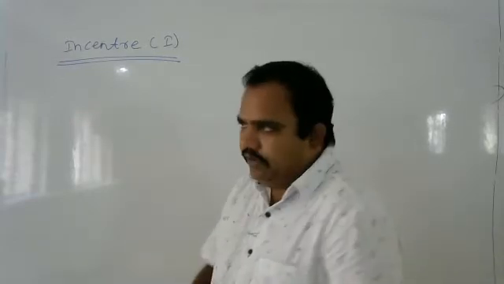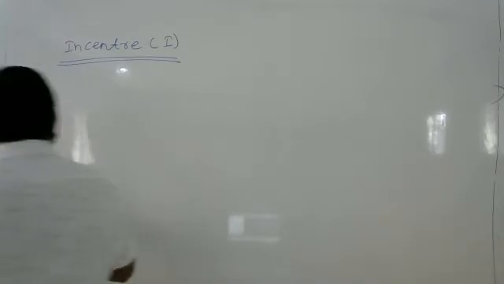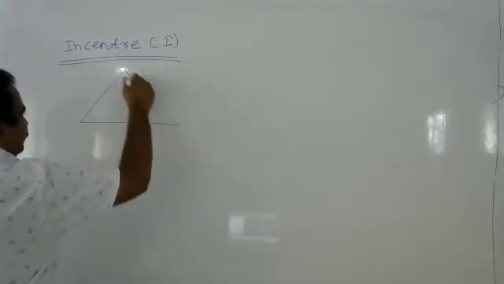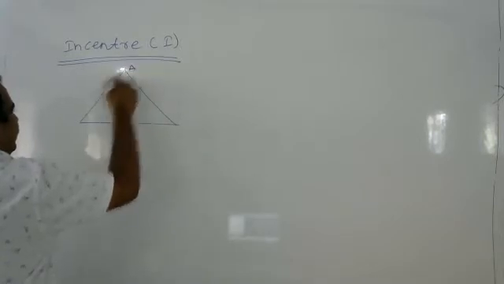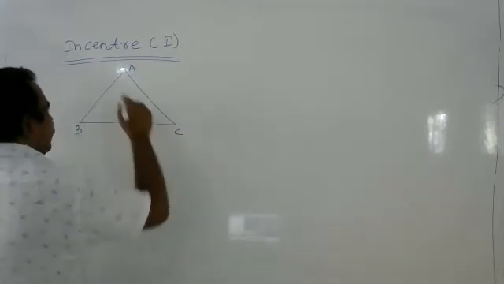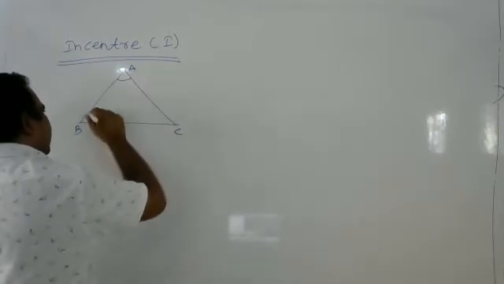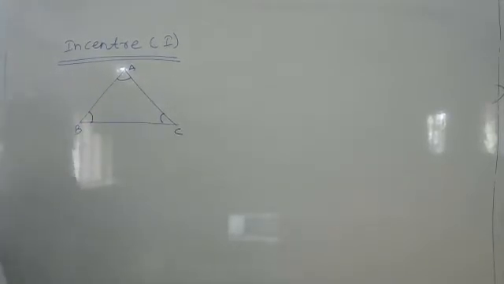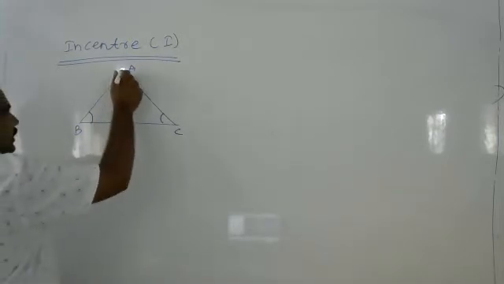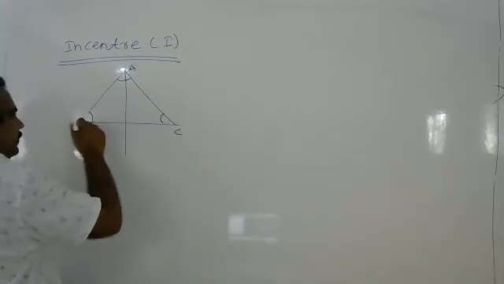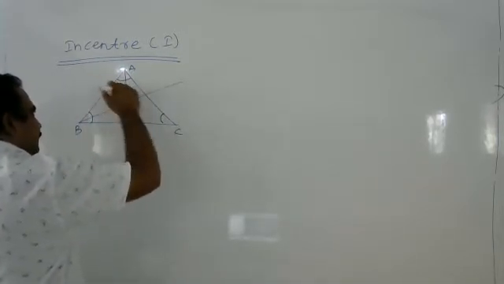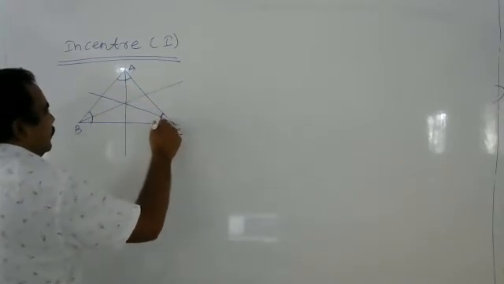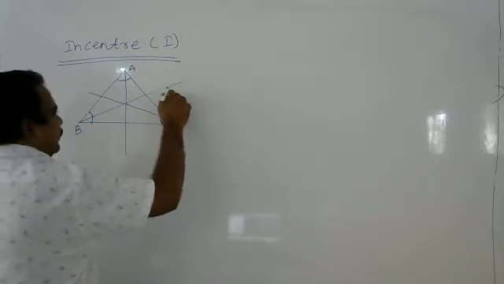So here, in terms of the points, you can take a triangle ABC. Then angle A is given, angle B is given, as well as angle C is given. So then internal bisectors we are taking. So these are the internal bisectors.